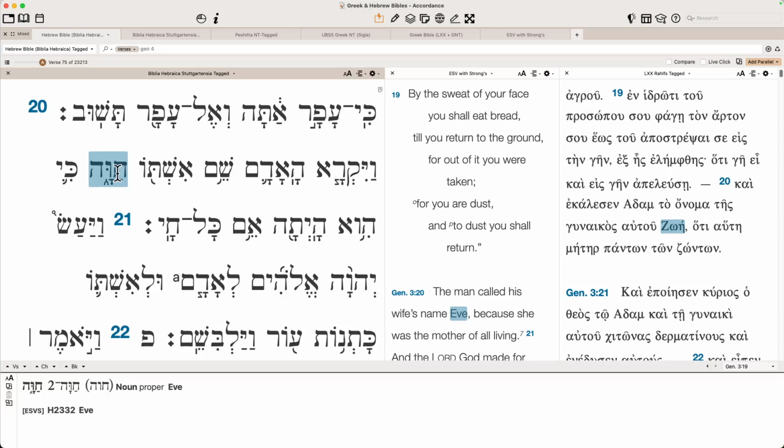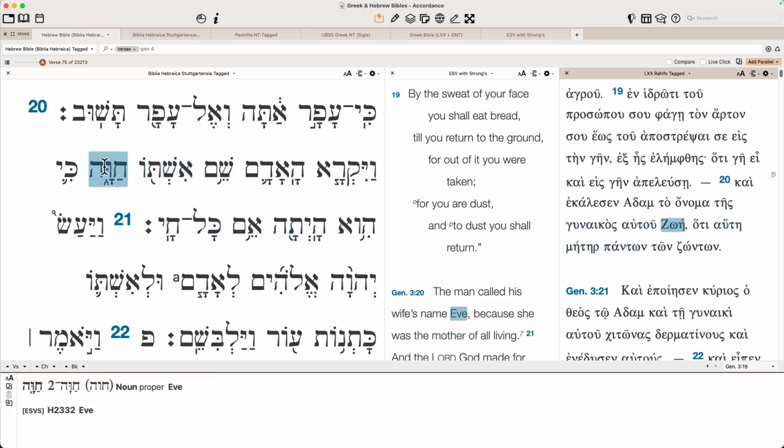But notice that in the Septuagint, they actually translate what Chava means as Zoe, life. And so the Septuagintal writers recognized what we all should recognize, in that these words have meaning.